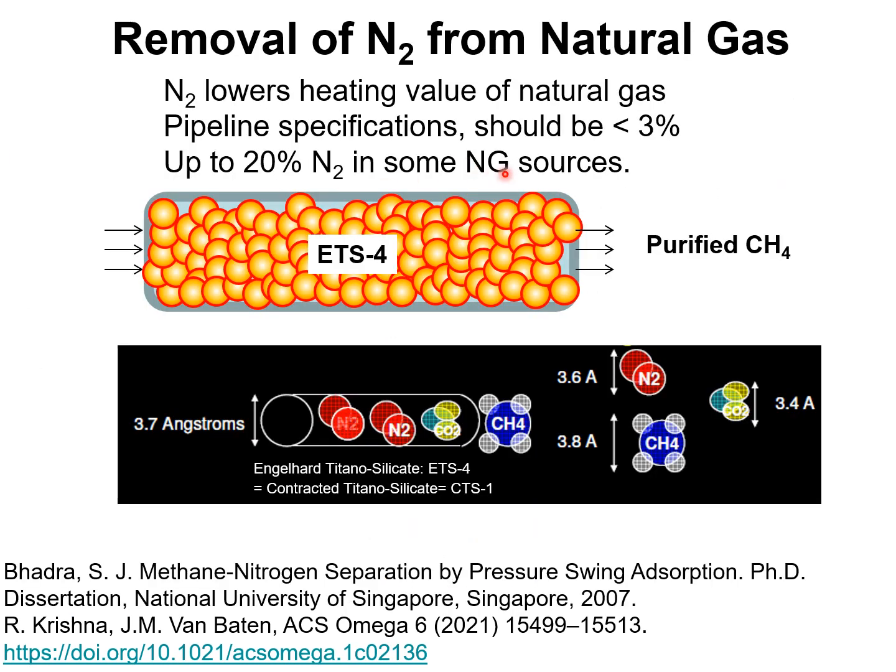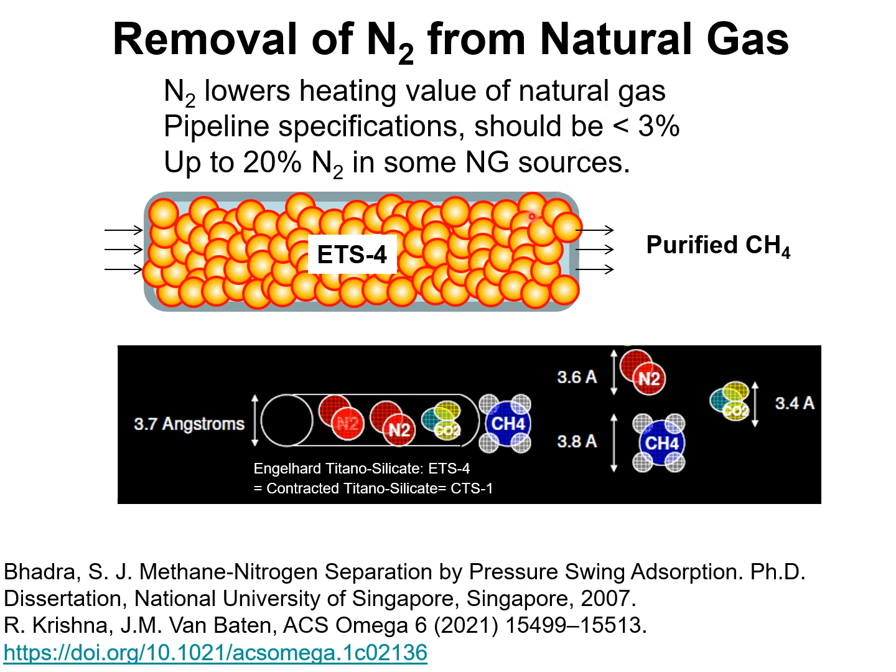Let's consider the purification of natural gas. Many reserves contain nitrogen up to 20%, whereas the pipeline specifications for natural gas demand that the nitrogen content be less than 3% because nitrogen lowers the heating value.